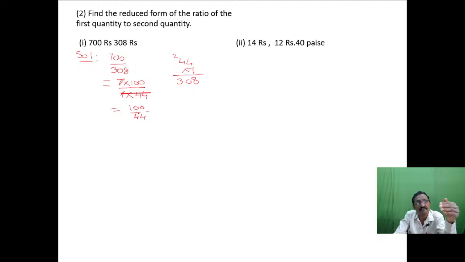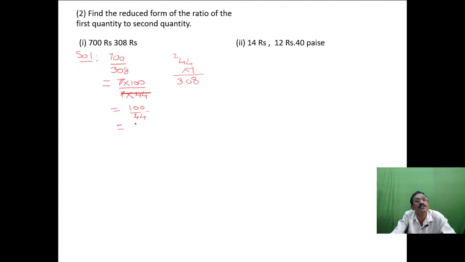Now let me see further, can I reduce this 100 upon 44 further? Yes, I can reduce this 100 upon 44 further. Now looking at 100, we can immediately say that 25 into 4 is 100. But does 25 go in this 44? It will not go. 25 ones are 25, 25 twos are 50. But we have 44 over here. But can we use 4 for 44? 4 11s are 44.